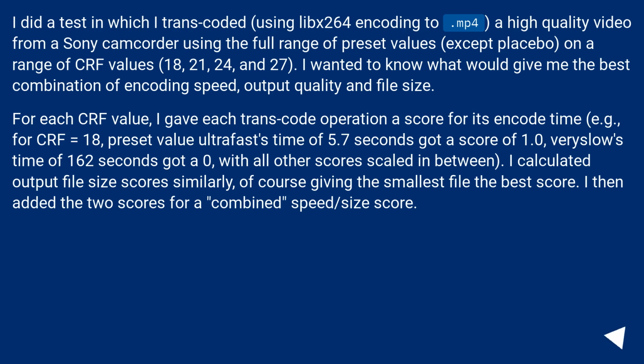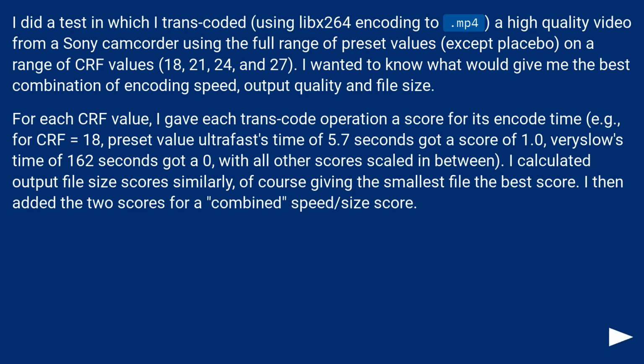I did a test in which I transcoded, using libx264 encoding to .mp4, a high-quality video from a Sony camcorder using the full range of preset values, except placebo, on a range of CRF values, 18, 21, 24, and 27. I wanted to know what would give me the best combination of encoding speed, output quality, and file size.